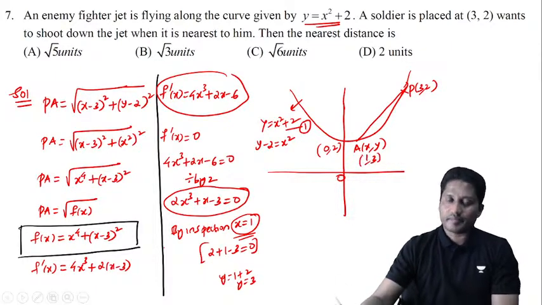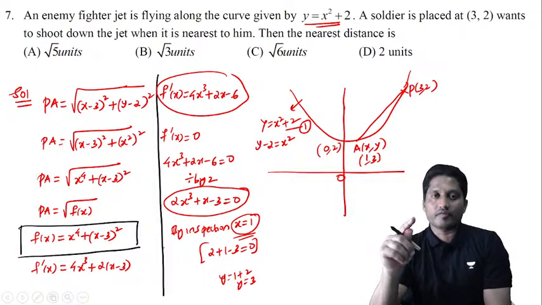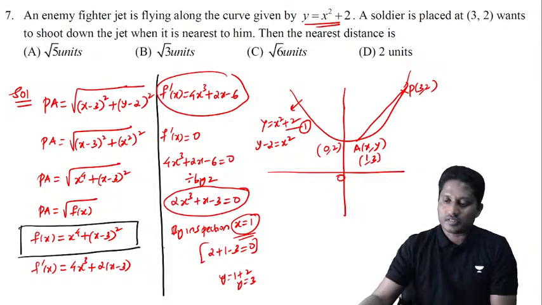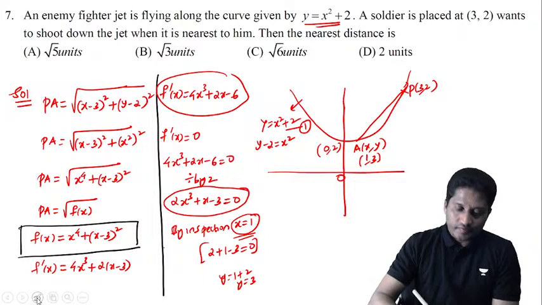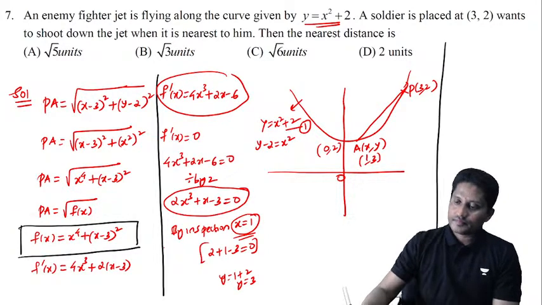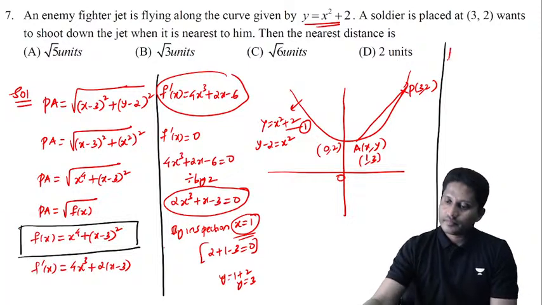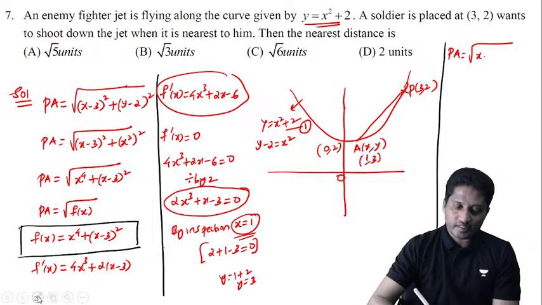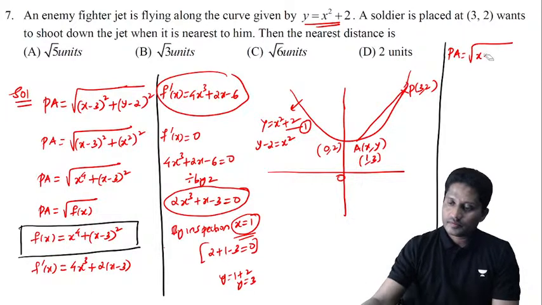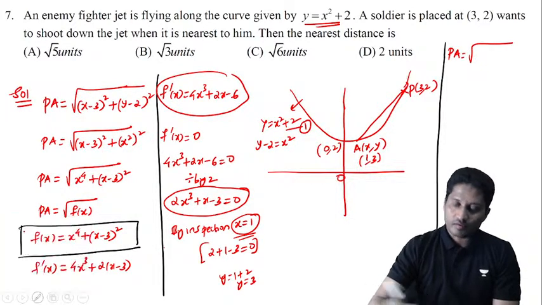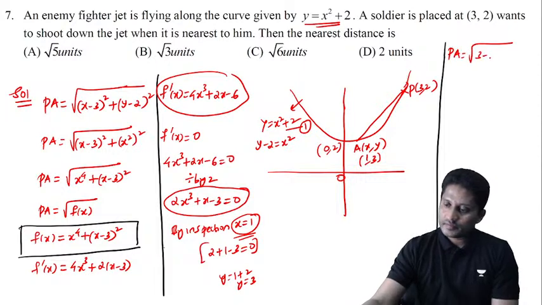If you want, you can find the double derivative. The double derivative will be more than 0, so obviously you get the shortest, minimum distance. If I use the distance formula now, PA is equal to root of (1 minus 3) the whole square plus (2 minus 3) the whole square.